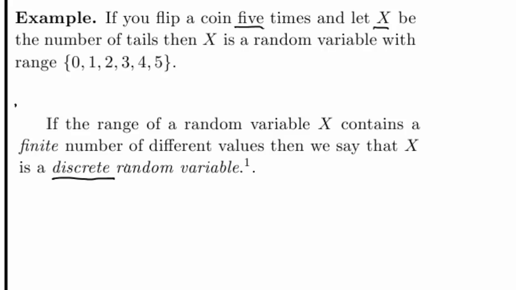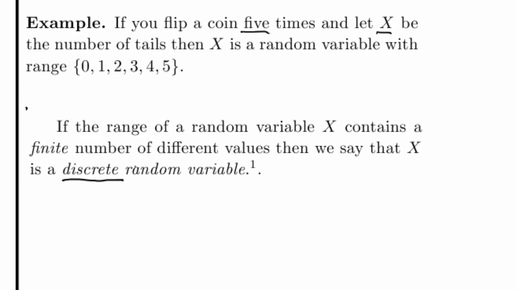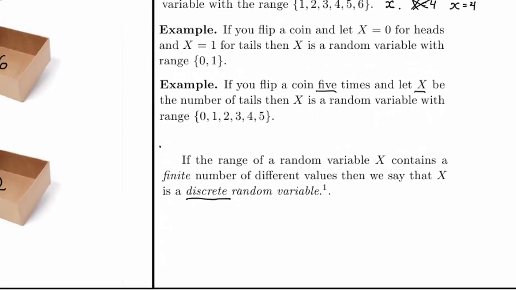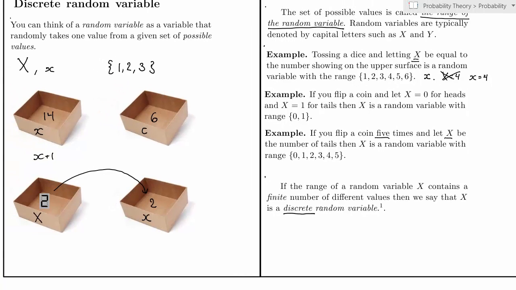So most of the discrete random variables do have a finite range, but it must be mentioned that there are discrete random variables whose range is infinite, but it must then be countably infinite. If you don't know what countably infinite means, I wouldn't worry too much about it at this point.